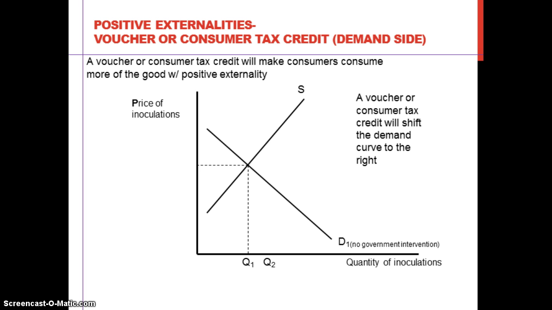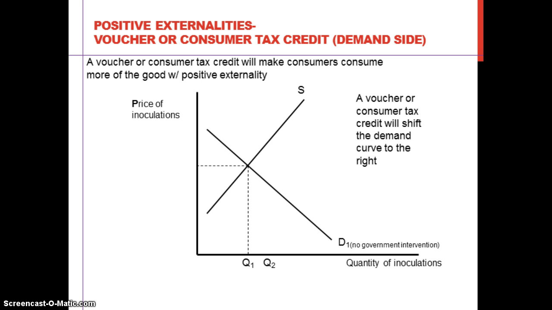There is another perspective of positive externalities. Consumers rather than producers might cause underproduction of goods which have positive externalities. So in the case of inoculations, consumers might consume less than the socially desired level because inoculations are too expensive for most people. If that is the case, the government will encourage consumers to consume more inoculations.